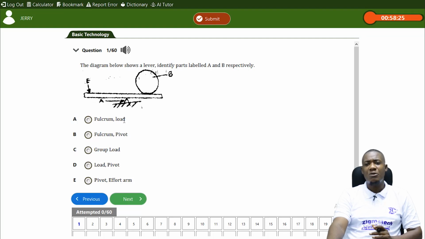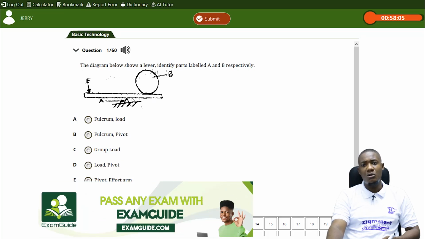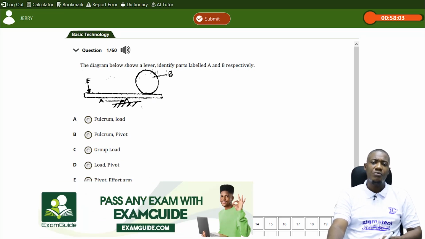So we have the right option here. Option A: A is our pivot, otherwise known as fulcrum, and B is the load. So option A is the right answer. This is called a beam or bar. It could be wooden or metallic. So this is where you apply an effort. This is the load. So here is the fulcrum.